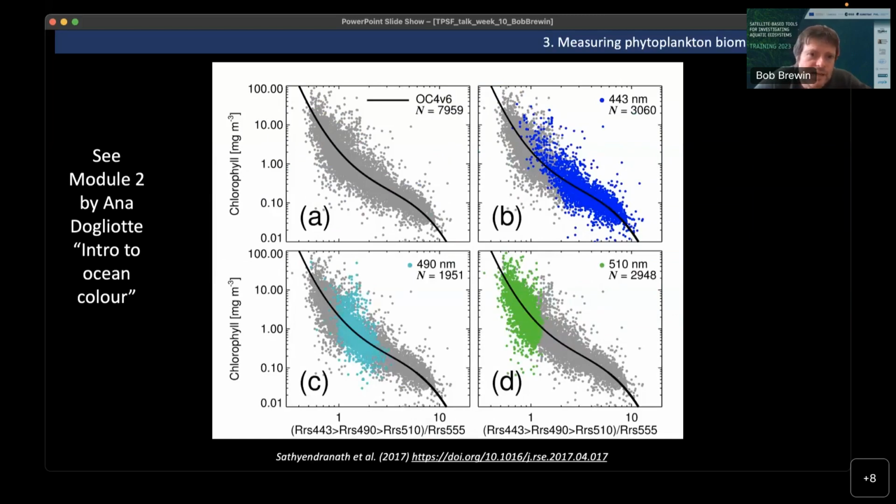It's a very large in situ database of the chlorophyll concentration shown on the y-axis here, plotted as a function of essentially the ratio of blue to green light. This is the maximum band ratio. So basically what's plotted on the x-axis here is a ratio of blue to green light, but it's switching between the blue wavelengths 443, 490, and 510, depending on which wavelength has the highest signal.